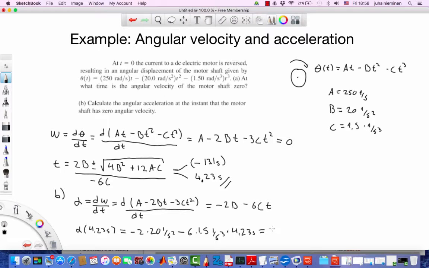And this gives minus 78.0 radians per second squared. So second and second cancel there, so you have consistent units. So about minus 78 radians per second squared.